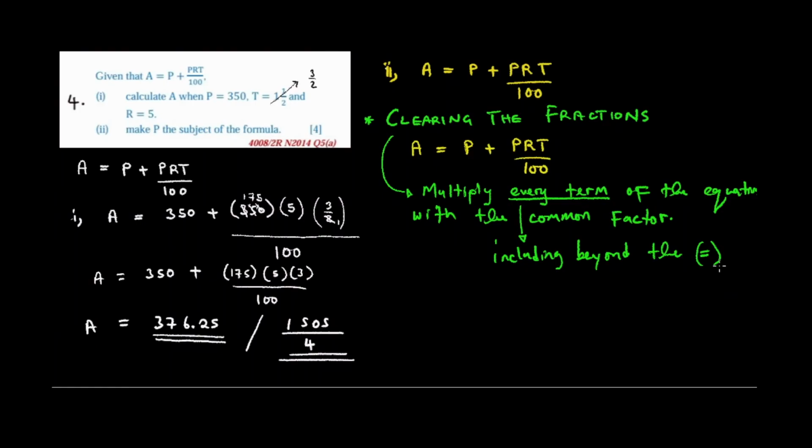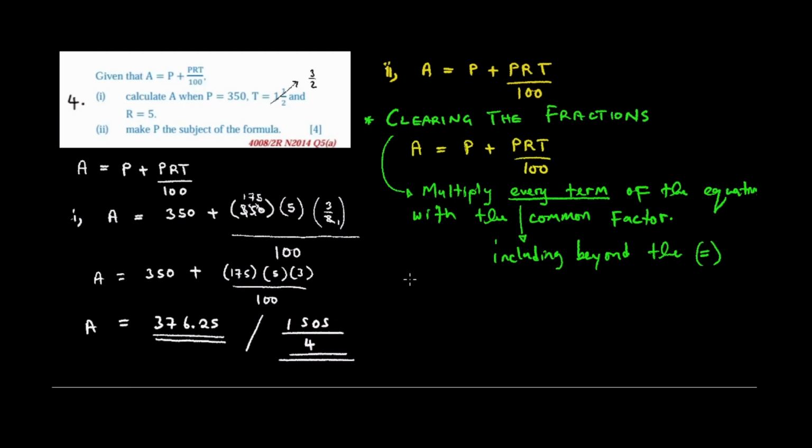So you are going to multiply every term by a common factor in the equation. Every term. The mistake made by George is failing to multiply every term. So what do I mean here?